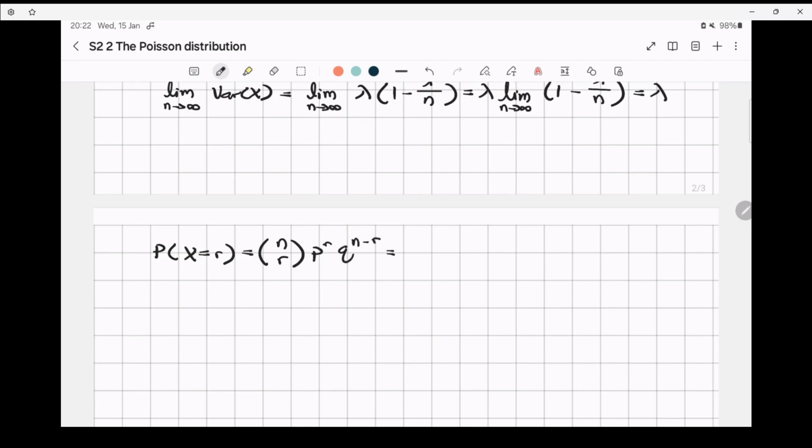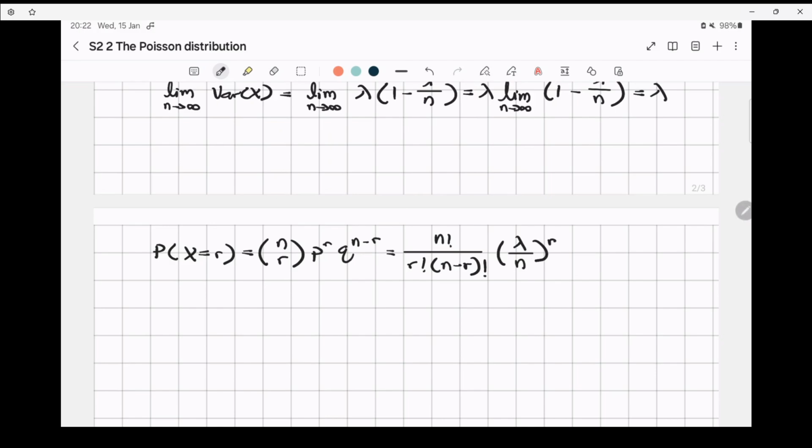And this is n factorial divided by r factorial n minus r factorial. So now we are starting to change the p into lambda divided by n, because we want to see that the limit when n goes to infinity, the binomial distribution will approximate to Poisson distribution.